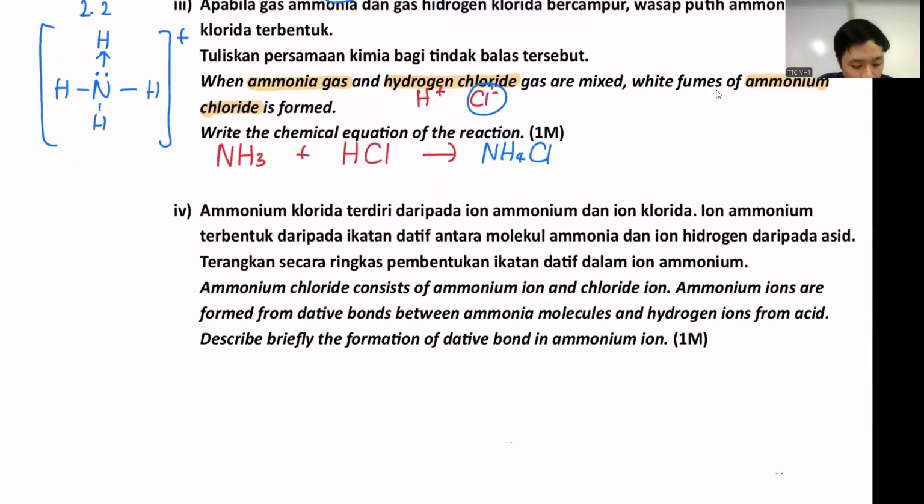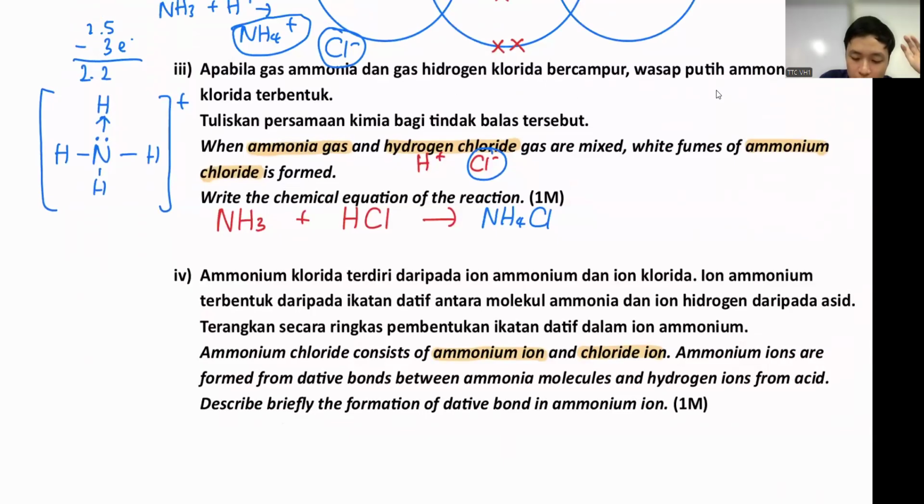Ammonium chloride consists of ammonium ion and chloride ion.